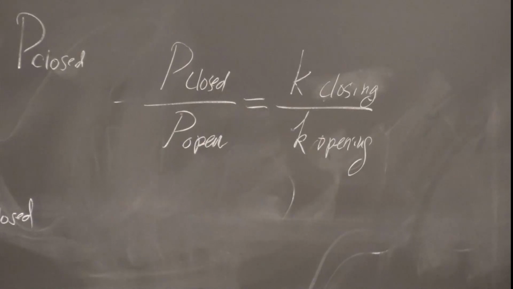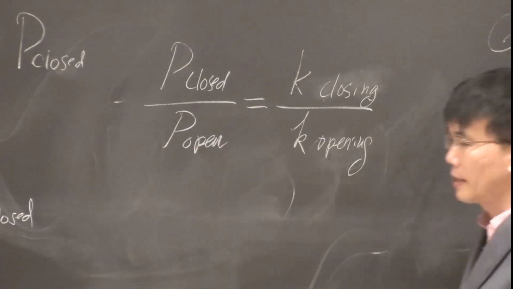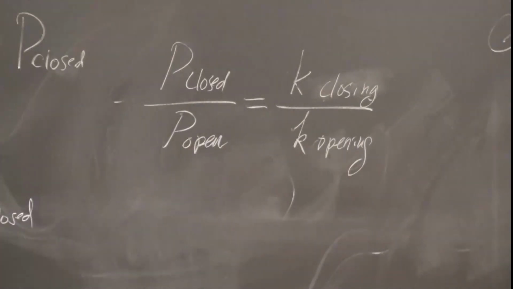So you can think of some type of reaction coordinate. Let's say that the distance between the two ends of the DNA is x.